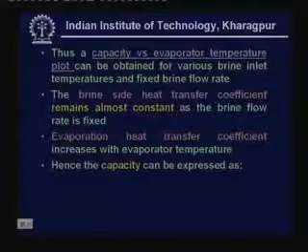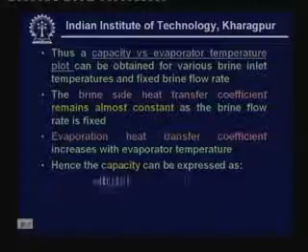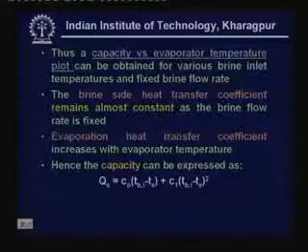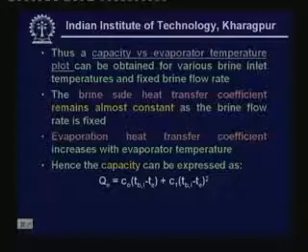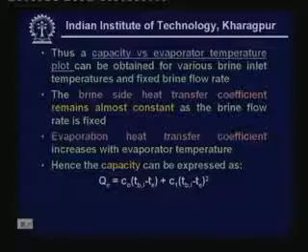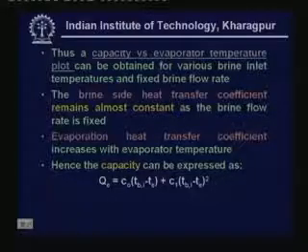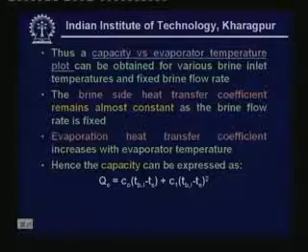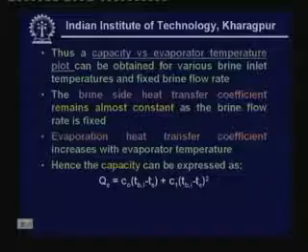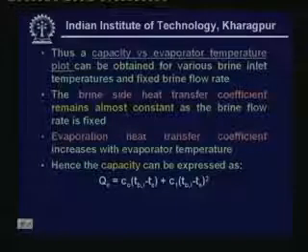As a result, the capacity can be expressed as this equation, QE is equal to C0 into (TBI minus TE) plus C1 into (TBI minus TE) whole square. Okay. Again, here TBI and TE are brine inlet and evaporator temperatures, and C0 and C1 are constants which have to be obtained either from regression analysis, from the least square method, or from 2-point data.